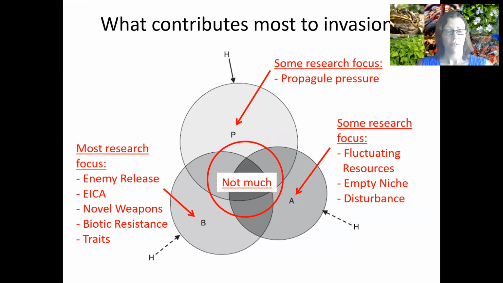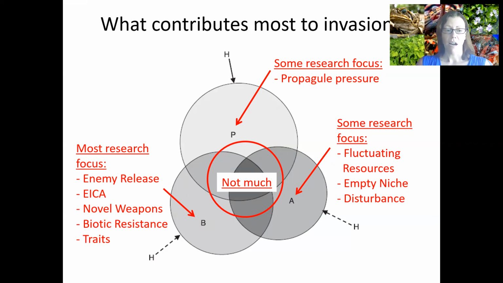If you look at all of those, then you see that there's a decent amount of research focused on propagule pressure and a decent amount focused on abiotic conditions. And there's a lot of research focused on the two biotic components, whether that's the traits of the invasive species or traits of the recipient community.